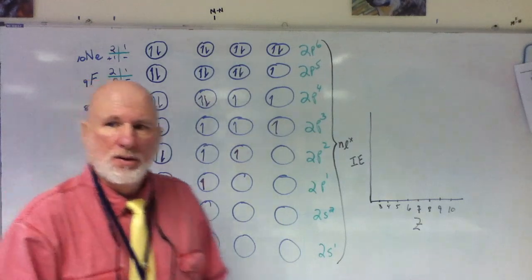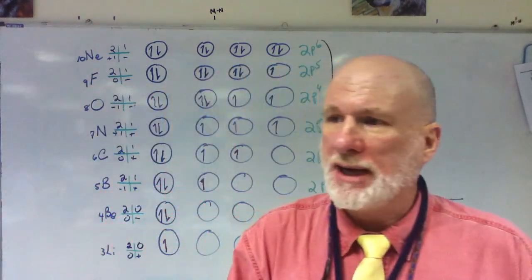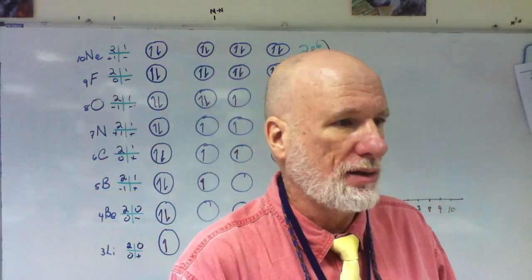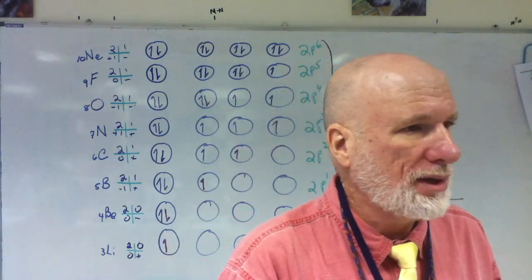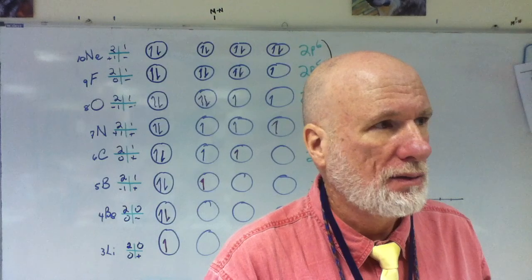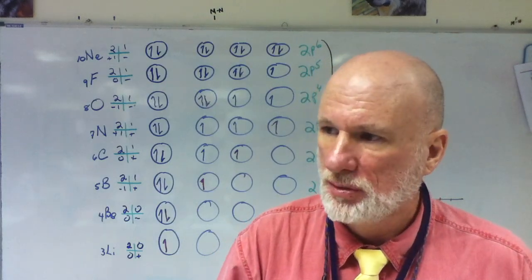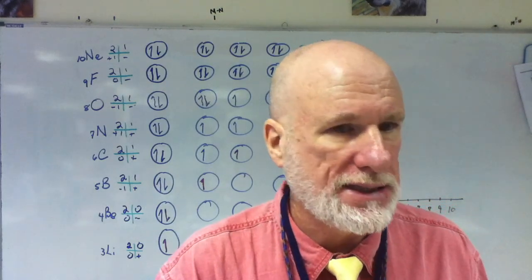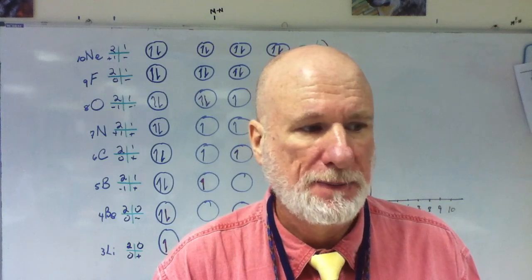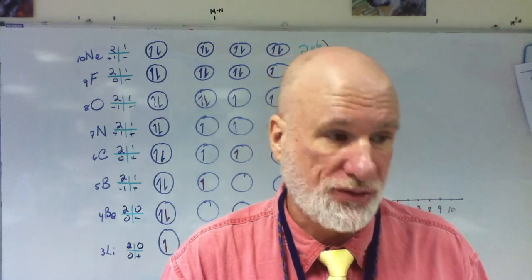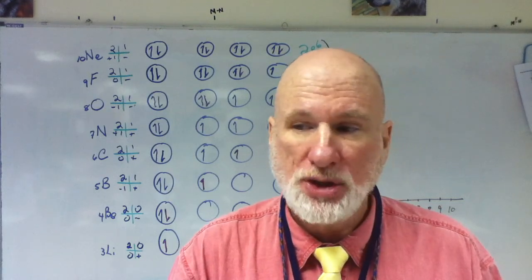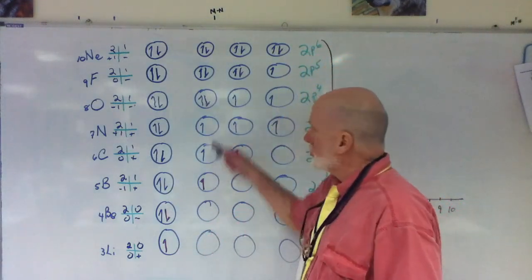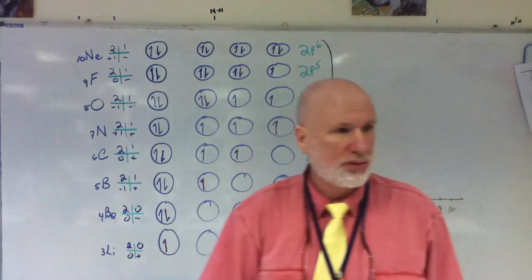Okay, now, which electron, just using your intuition, would be the easiest to remove? Any ideas? The ones in red. Well, those are the first ionization energies. Maybe not the easiest, but which of these 8 elements would be the easiest to remove?